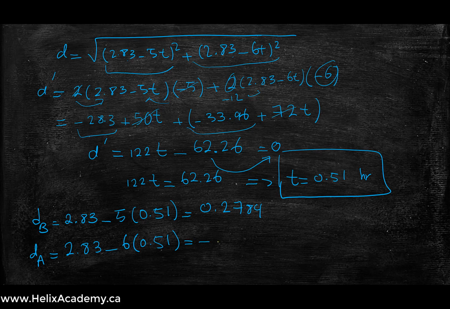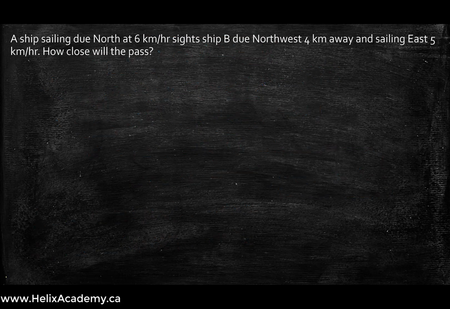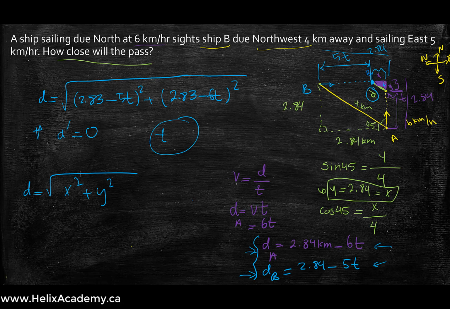And for dA, I will get 2.83 minus 6t, which is 6 times 0.51. That is equal to negative 0.23. So if we go back to my diagram here, the distance A is going to be negative. Therefore, that means I'm going to be actually past this point.